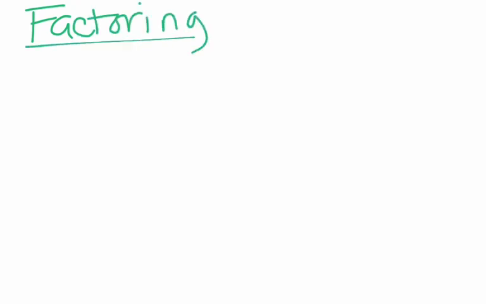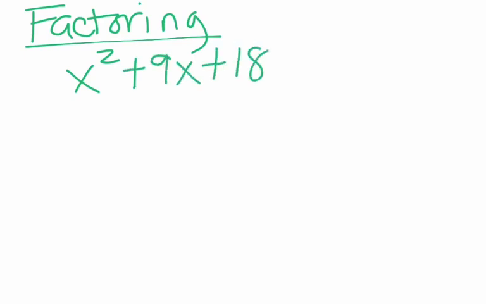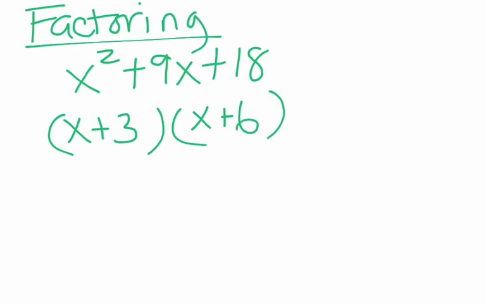Factoring, if you remember from the last lesson, means you break up an expression into the things that were multiplied to give you that expression. So in factoring, you start with x squared plus 9x plus 18, and then you have to figure out that it was x plus 3 and x plus 6.